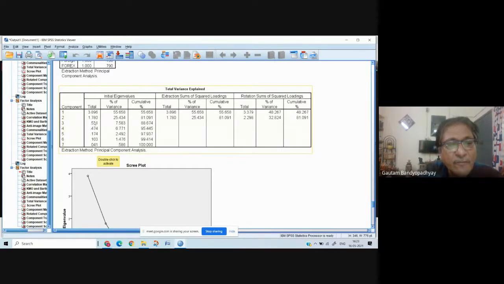With the help of the first eigenvalue, we can explain 3.896 divided by 7, that is 55.657%. Similarly, 1.780 divided by 7 is 25.434%. We consider only 2 groups, because 2 eigenvalues are more than 1. Including both, 81.091% is explained.